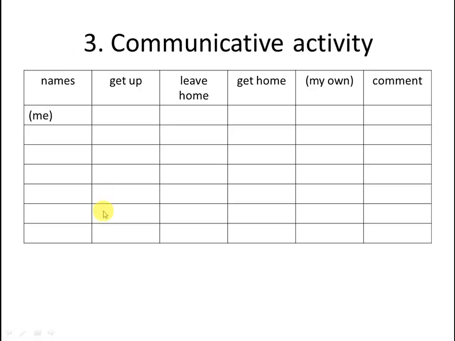Here we write the names of classmates. The first line is about me, so I write my name, Shiro, and I write my own information here. So I get up at 6, I leave home at 7:40, I get home at 3:15.